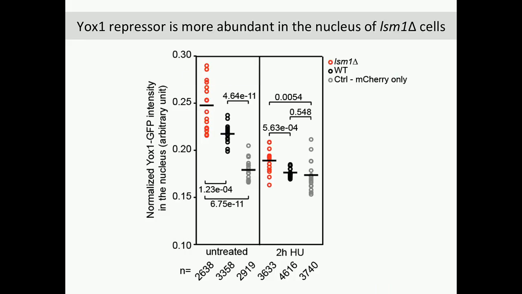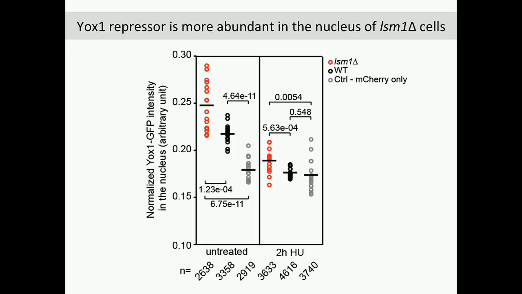So the next question was, I showed you that YOX1 mRNA transcript is more abundant in LSM1 delta cells, so we wanted to see whether the YOX1 protein was also more abundant in LSM1 delta.